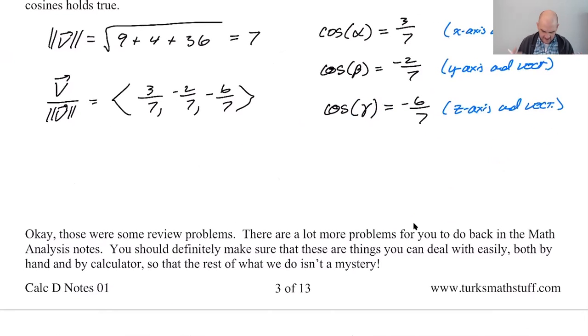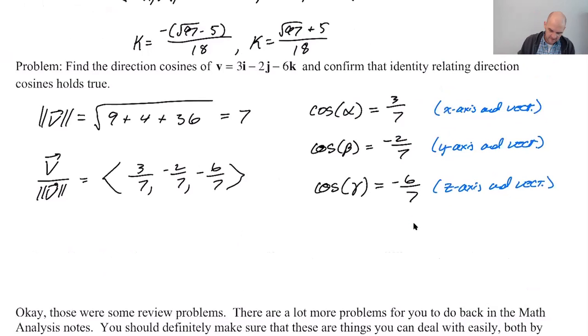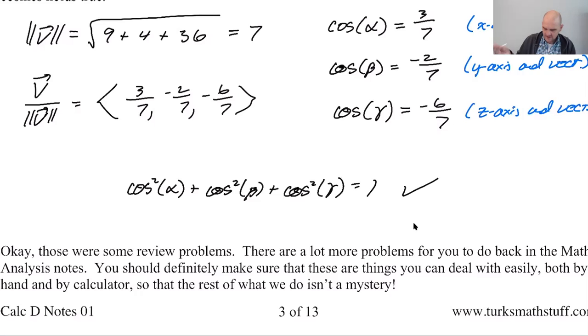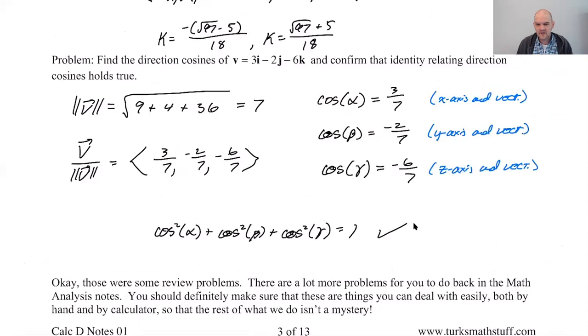Now, what is the identity that relates them? Well, if you think of them as the components of the unit vector, then it seems pretty clear that cosine squared plus cosine squared plus cosine squared equals 1, which it definitely does because it's a unit vector. Like, how could it not?